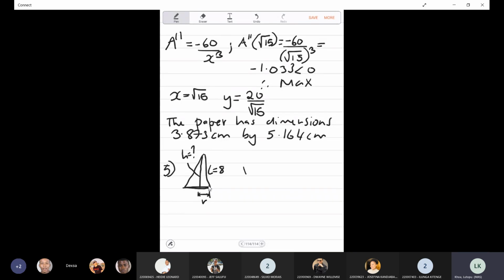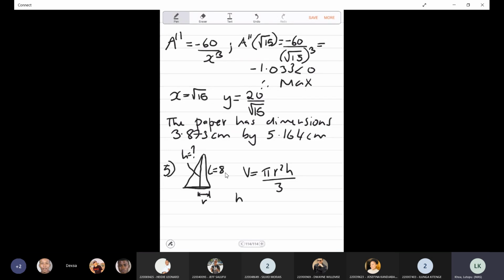So we know that the volume of a cone is pi r squared h divided by 3. That is the volume of the cone. Looking at our diagram, we have a right angled triangle over here. We also know by Pythagoras' theorem that h squared plus r squared is equal to L squared.